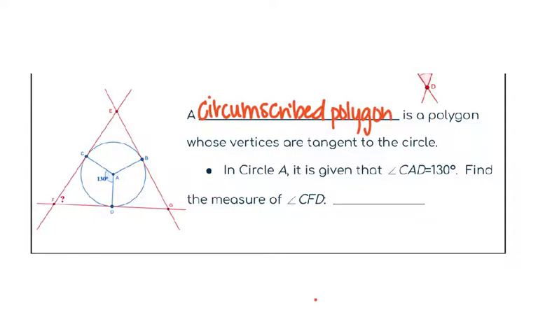And it's going to be a polygon whose vertices, remember that these are our vertices, okay, and these sides are going to be tangent to the circle. And those points of tangency are going to lie on the circumference. So this is going to be a point of tangency.